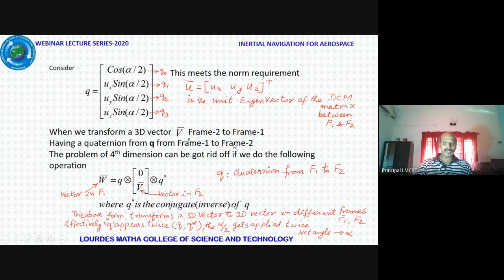Our requirement will be totally met. Okay. The above form, this one, transforms a 3D vector to a 3D vector in different frames F1, F2. Effectively, Q appears twice, as Q and Q star. The alpha by 2 gets applied twice and the net angle is alpha. So therefore, this is the right choice, which satisfies all our requirements for a rotation quaternion. Okay.